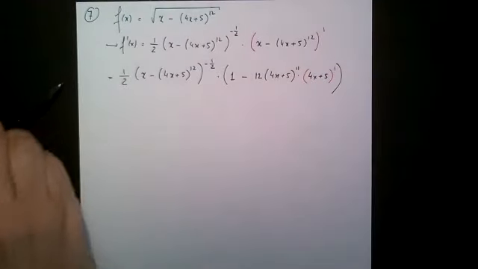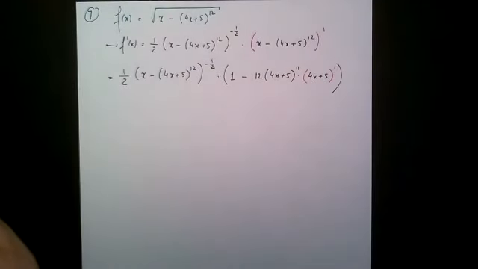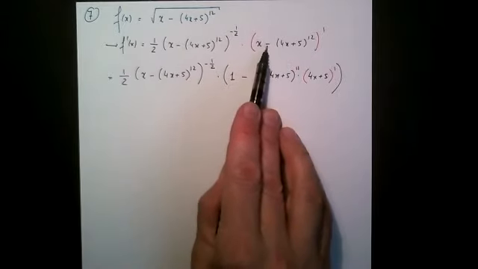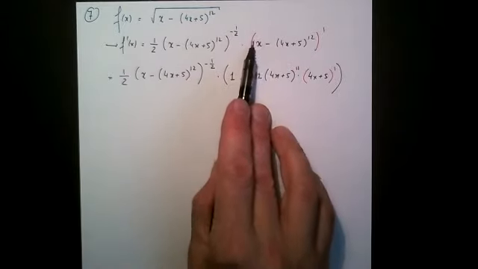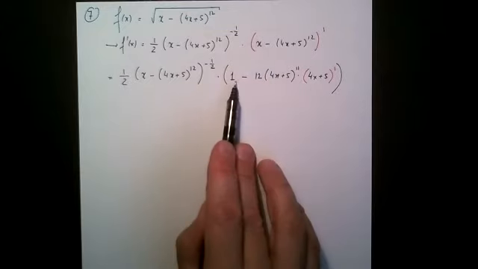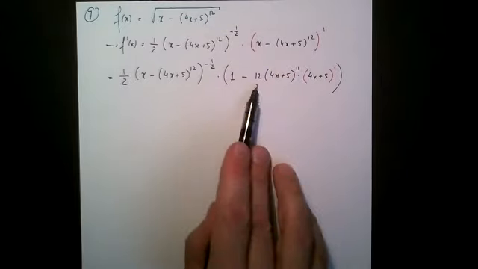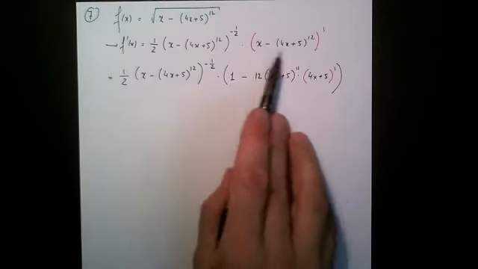It might get confusing with the brackets, because this is a subtraction of two functions, and we derive the first and derive the second. So the derivative of x is 1, and the derivative of this guy is this thing here. I need to do the chain rule again.